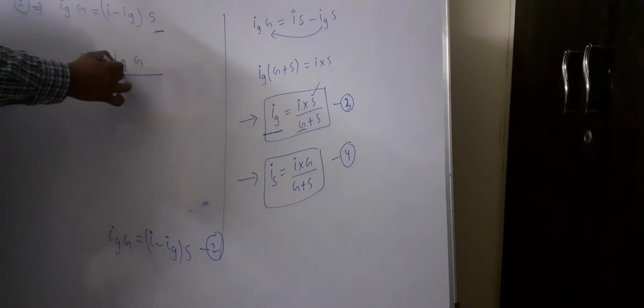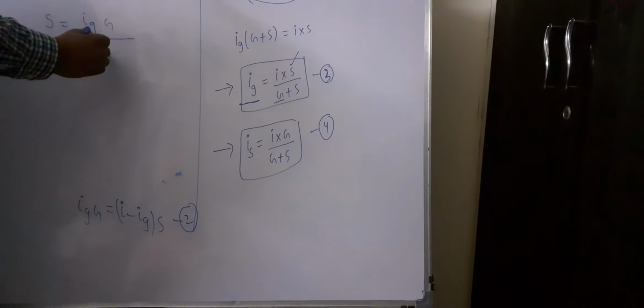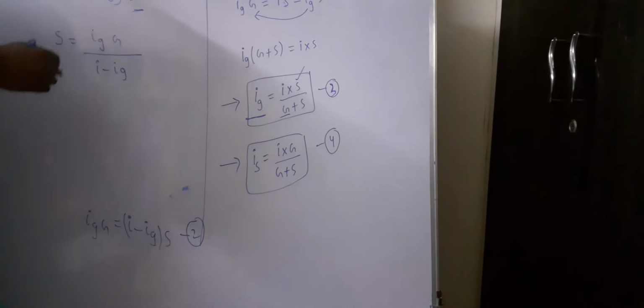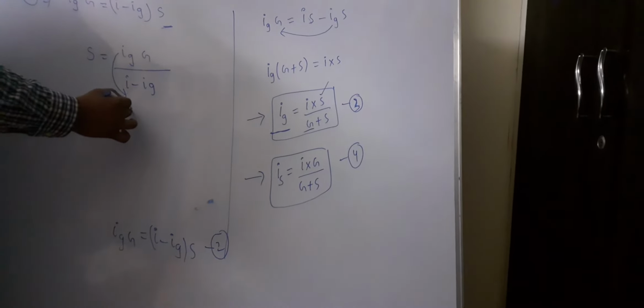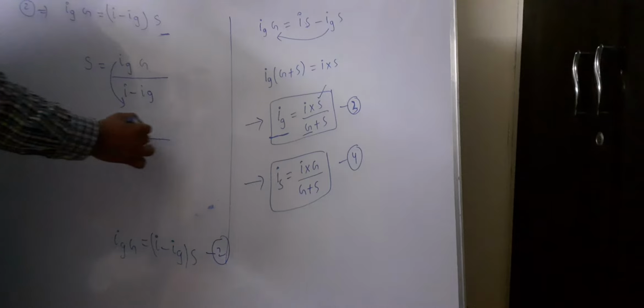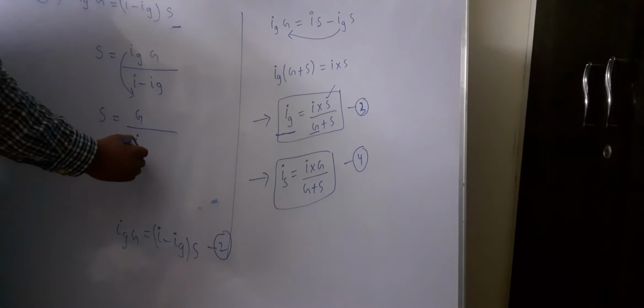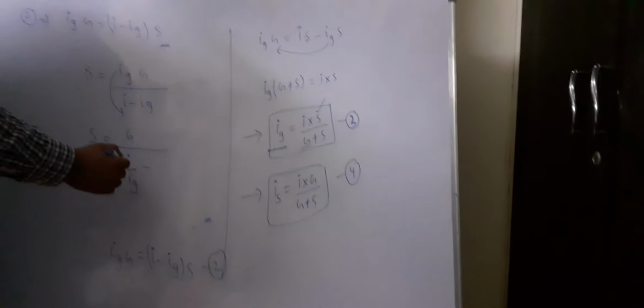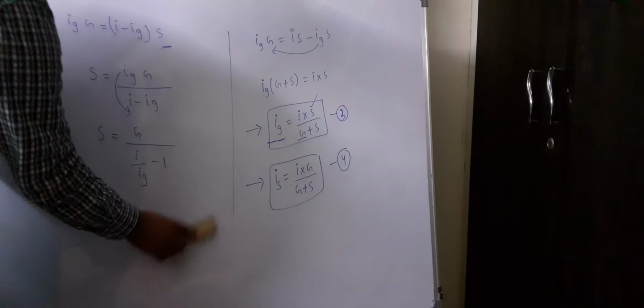Iz G in the numerator on the other side, denominator I minus Iz. Here, in the denominator, S equals G by I by Iz minus Iz by Iz, which equals 1. This is the final expression.